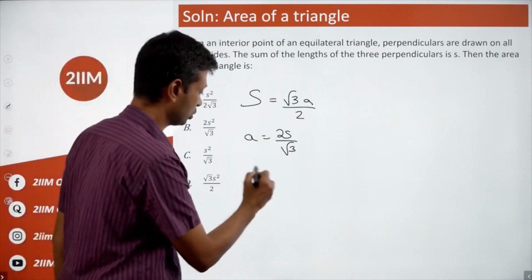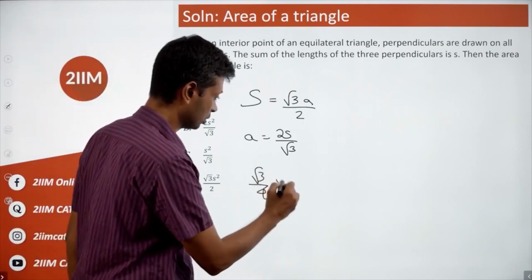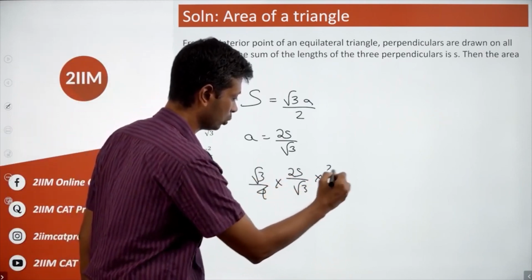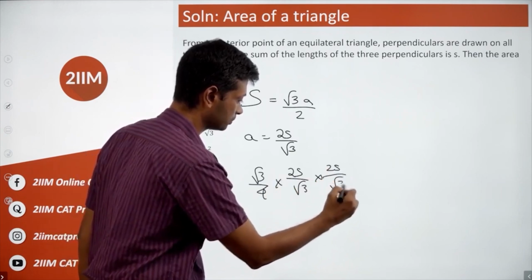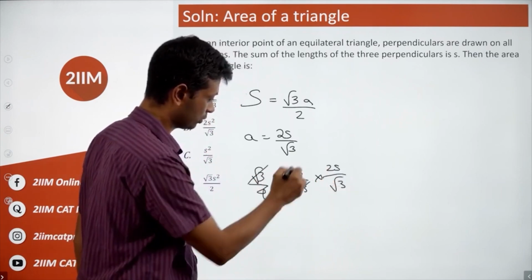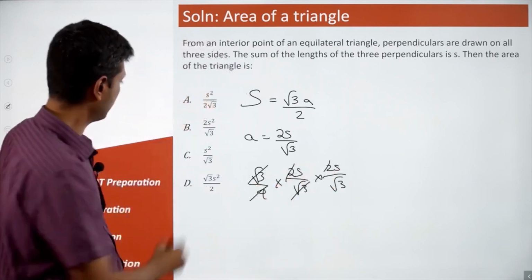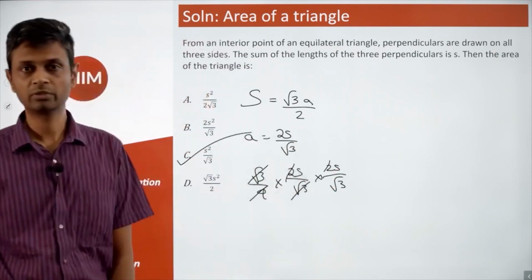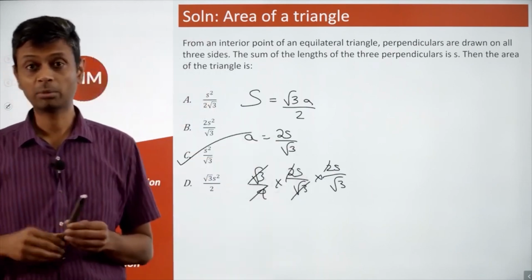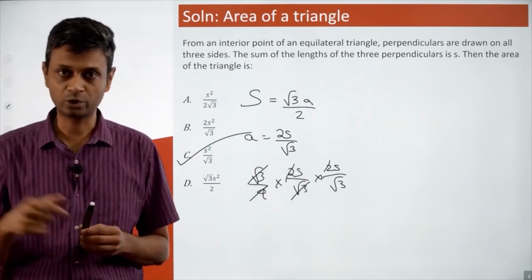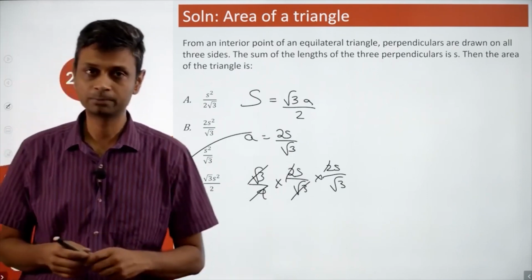So therefore area is root 3 by 4 into 2s by root 3 into 2s by root 3. 1 root 3 gets knocked off. 2 into 2 is 4. S square by root 3. Yeah, luckily we have that. Good to go. And the sum of the three altitudes, sum of the three perpendiculars will be equal to the altitude of the equilateral triangle. That's one funda that you should know. After that, we're just plugging in the formula.